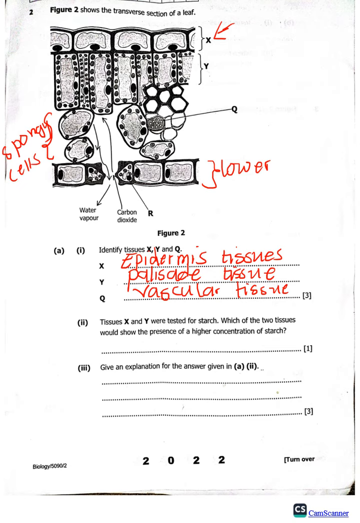Now we are expecting a higher concentration of starch in the region where the photosynthesis process is high, and we said the palisade is a region where the photosynthesis process is high due to the high concentration of chloroplast. So we'll say tissue Y.